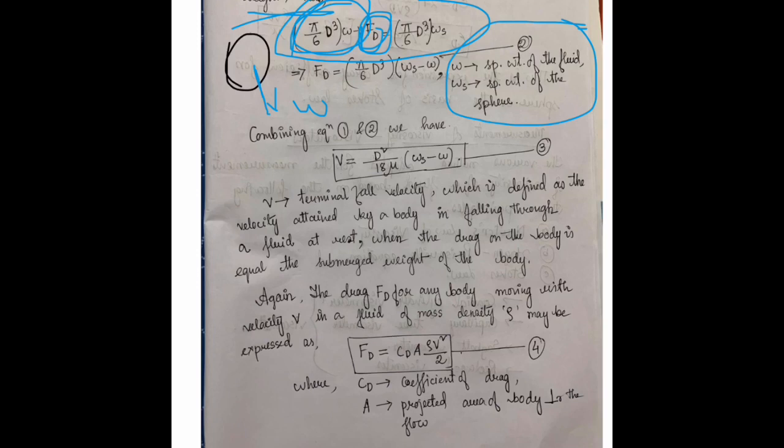We can mark that equation as equation number 3, where v is the terminal fall velocity, which is defined as the velocity attained by a body in falling through a fluid at rest when the drag on the body is equal to the submerged weight of the body.